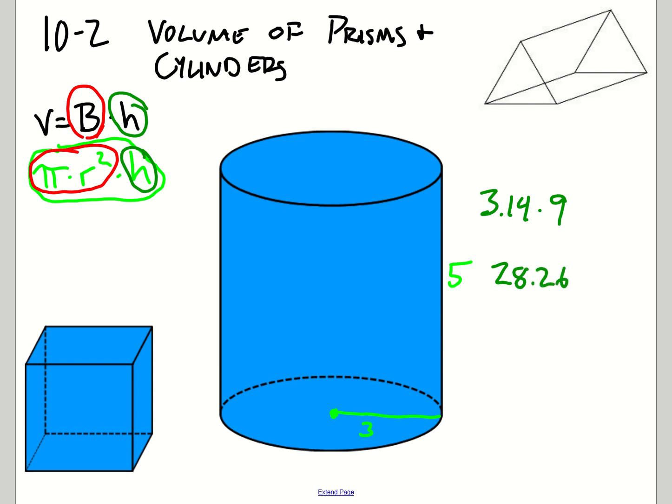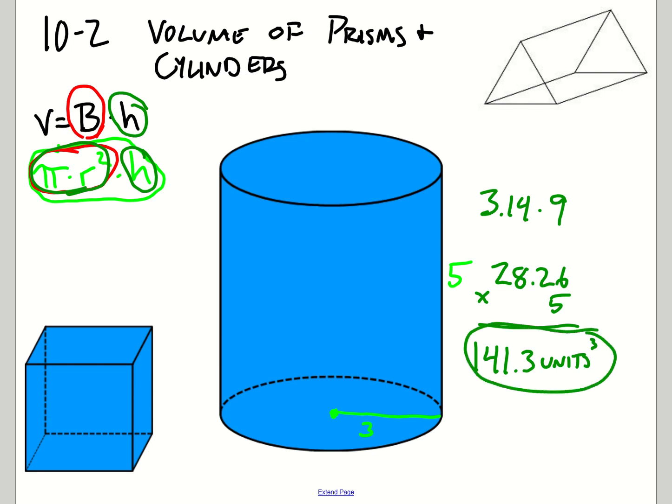That's my base, 28.26, and I'm going to times that by my height by 5 to get a total volume of 141.3 units cubed. Okay, area of my base times it by my height.